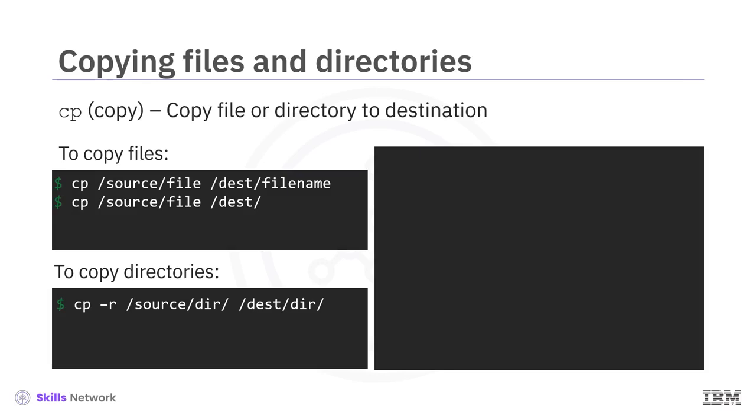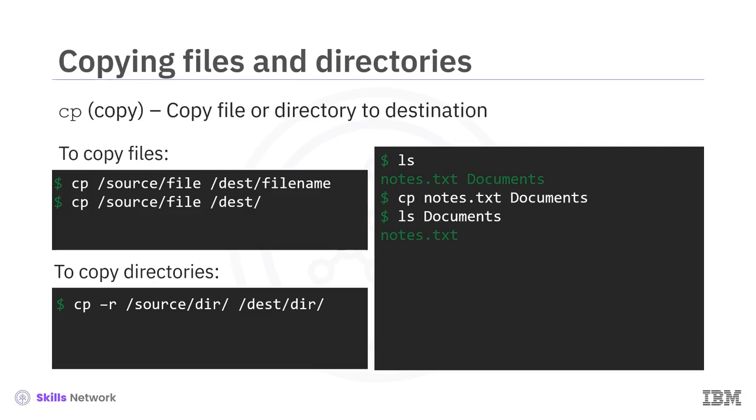Suppose you have a file called notes.txt and a folder called Documents in your working directory. You can copy notes.txt to your Documents folder using cp notes.txt documents. Now you can see that your Documents folder contains a copy of notes.txt.